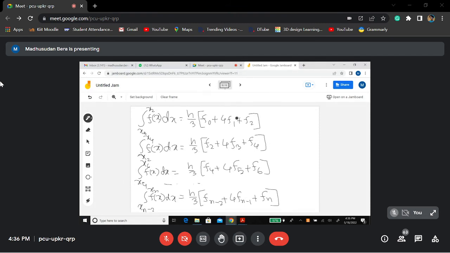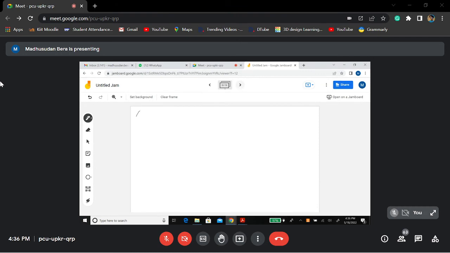Likewise f4, here and here. So ultimately what will be the value of the integration from a to b of f(x) dx, that means x0 to xn? That will be the sum of all those things.